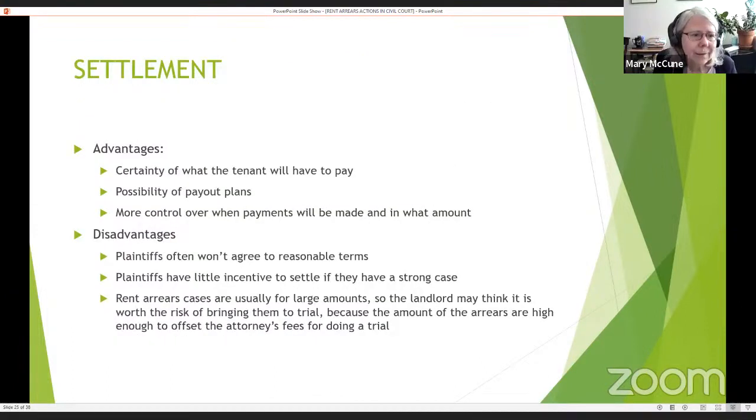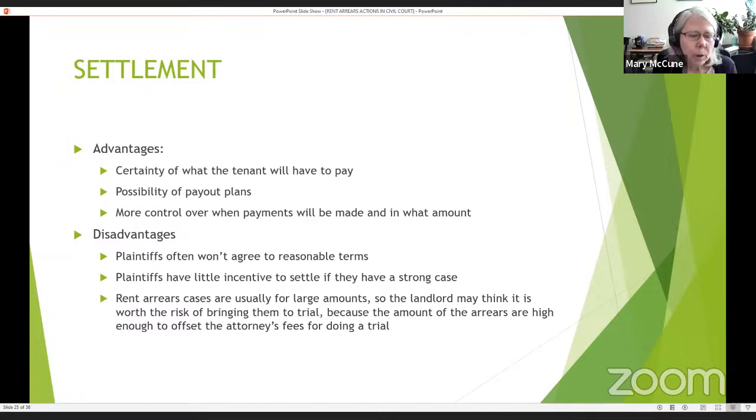Other option, the case doesn't get dismissed. It's going to go ahead. You can settle the case. The advantage is you'll know for certainty what you have to do. So if it's all about the money, you'll know exactly how much you have to pay. Whereas if you go to trial, maybe the court will give you a rent abatement, maybe they won't. You don't know.